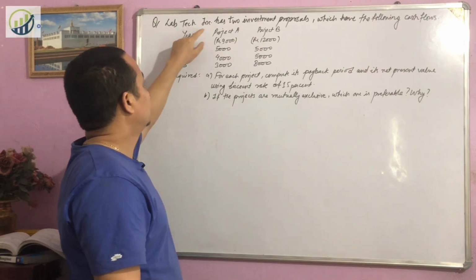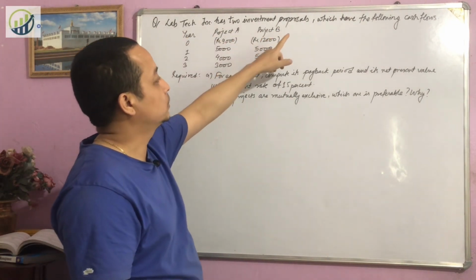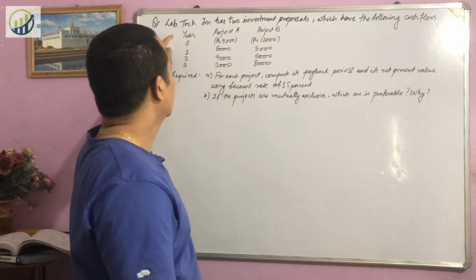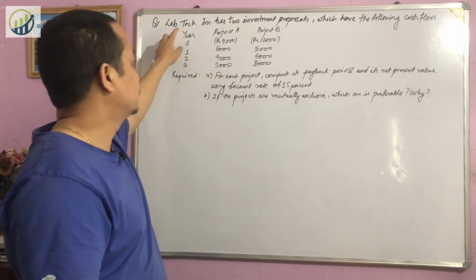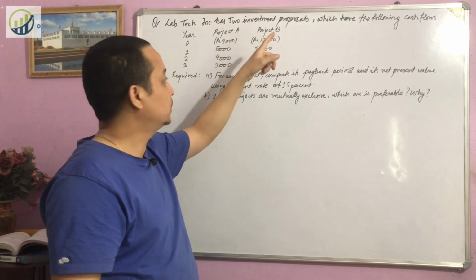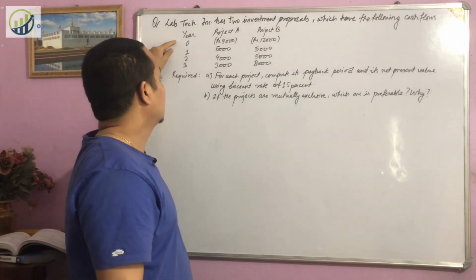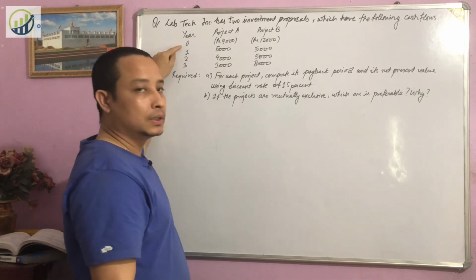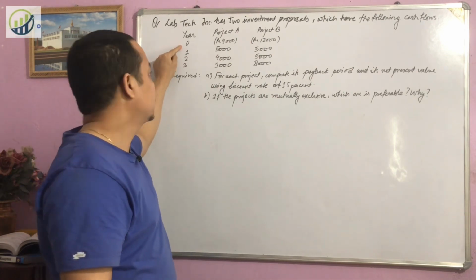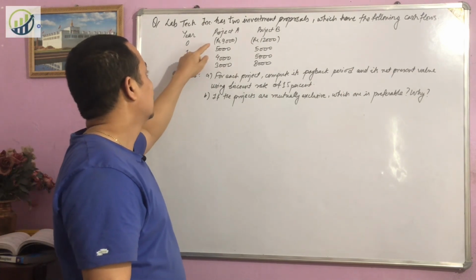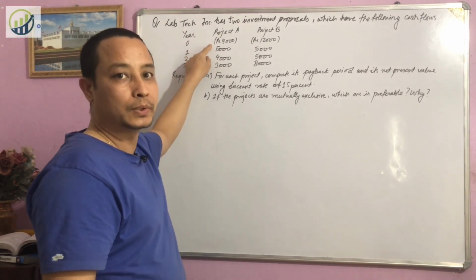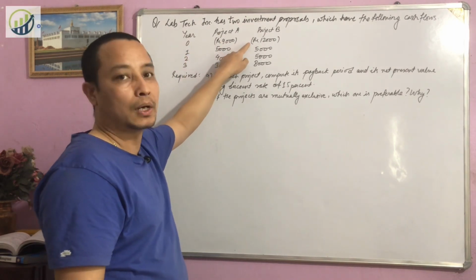Lab Tech Incorporation has two investment proposals which have the following cash flows. Both the projects, project A and project B, have a life of 3 years. In year 0, the year when the investment was made, project A has 9,000 rupees and project B 12,000 rupees.